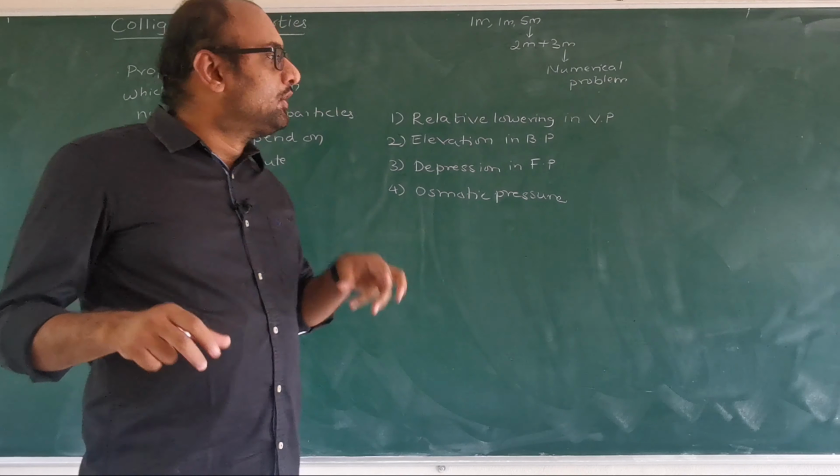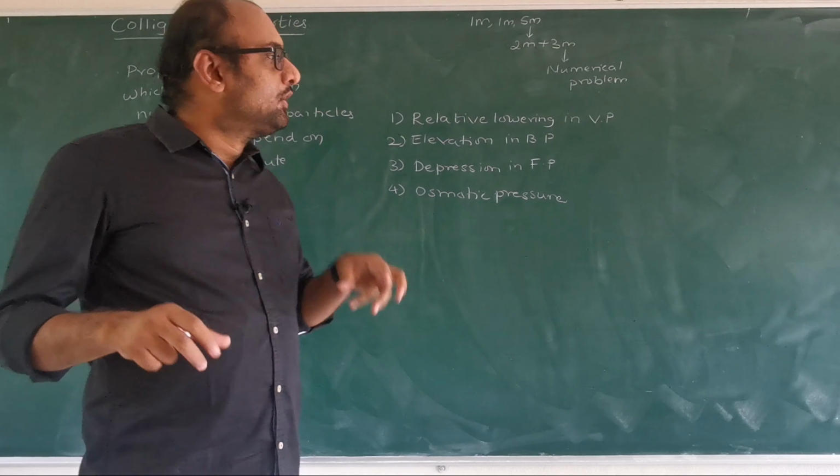Molar mass of the solute is equal to WB, the mass of the solute, multiplied by MA, the molar mass of the solvent, divided by WA, the mass of the solvent, multiplied by this relative lowering in vapor pressure.